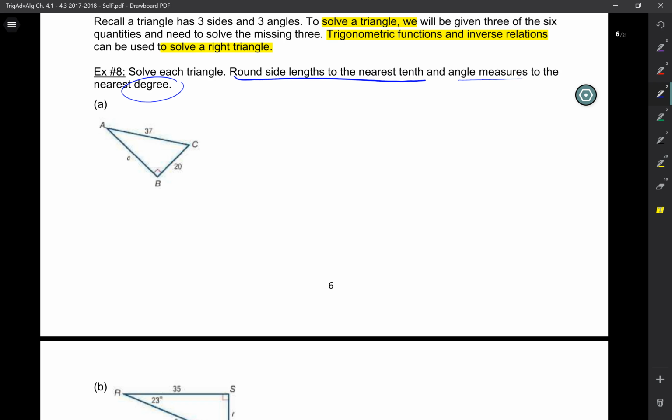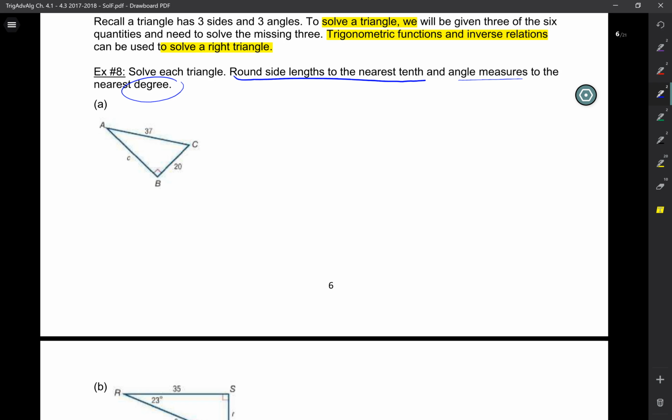We label angles using capital letters, A, B, C. Sides are labeled using lowercase letters. In order to be consistent and make it easy, capital C faces a side of lowercase c, capital B faces a side of lowercase b, and so on. That's just the most efficient way that we have found to label things.